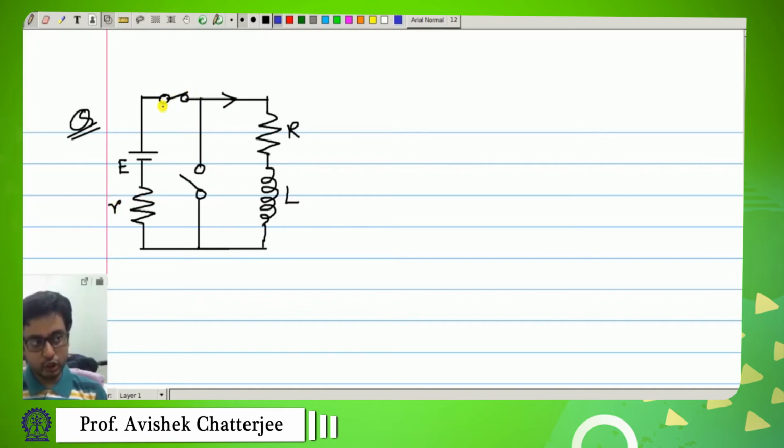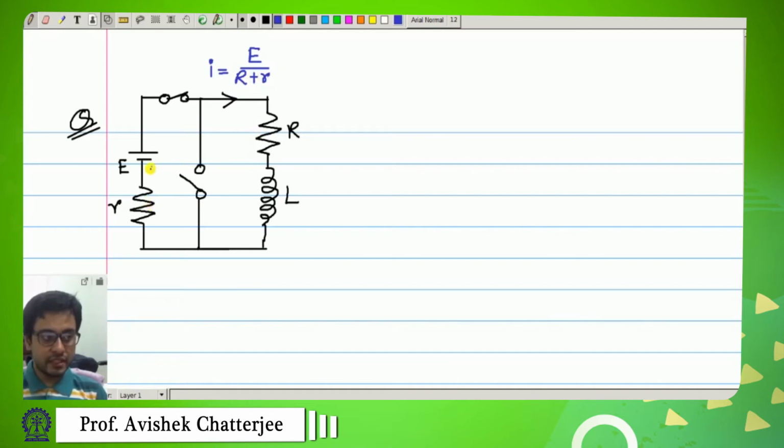This switch is closed, so current will flow in this circuit like this, and this switch is open, so no current can flow through this. This current you can calculate as I equal to the battery EMF divided by the total resistance, capital R plus small r.